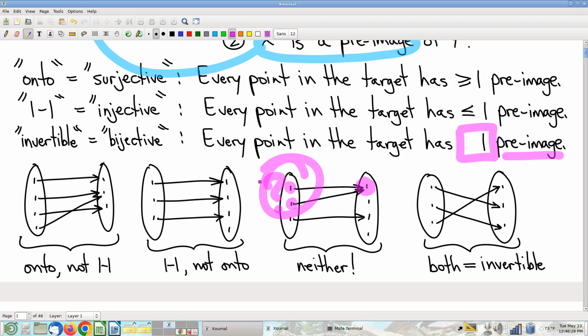I can't define f inverse of this point. Okay, too many options. And likewise, I need to make sure I have enough options, right? I can't define f inverse of this point here either. There's nothing to go back to. Right? So you have to have both. You have to have exactly one preimage to be able to do this move here. Like that. All right, now let's see some algebraic examples of this.